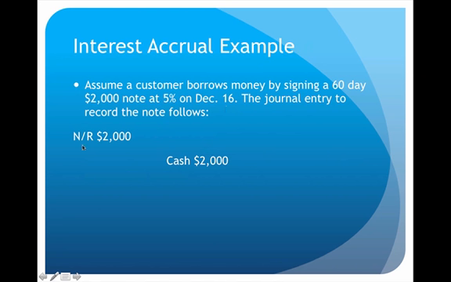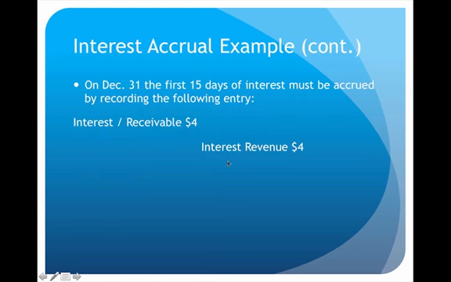So the initial journal entry on December the 16th, when I lend that $2,000, I will debit note receivable $2,000 and credit cash $2,000. That's recorded on the first day. But then I get to the end of the month.